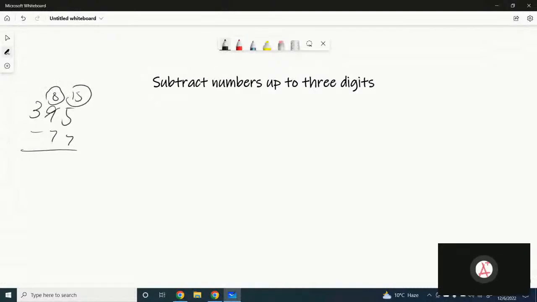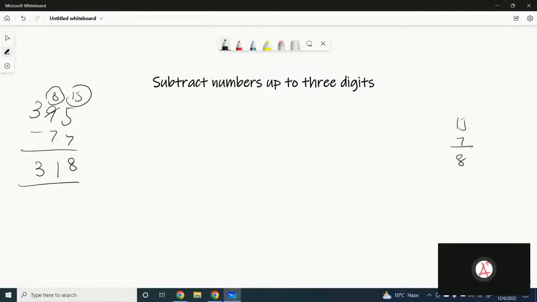You can subtract 7 out of 15. 15 subtract 7 equals 8. So here you have 8. 8 subtract 7 is 1, and write 3 as it is. So it would be 318.